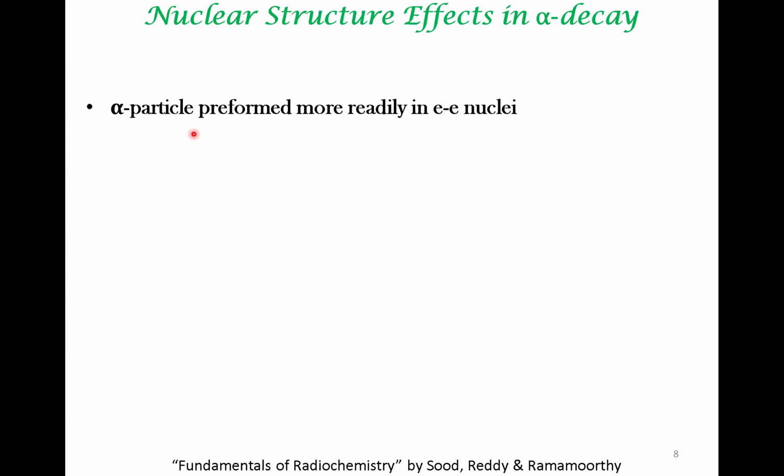This approximation that the alpha particle is preformed more readily is most correct in even nuclei. That is, if you have an even number of neutrons and an even number of protons, this approximation is mostly true.